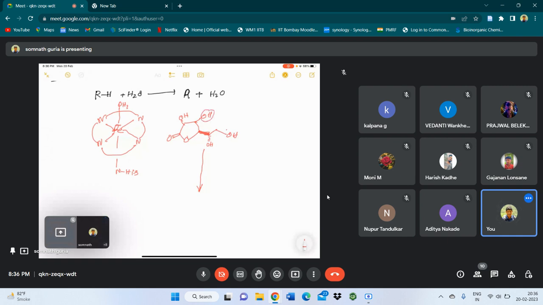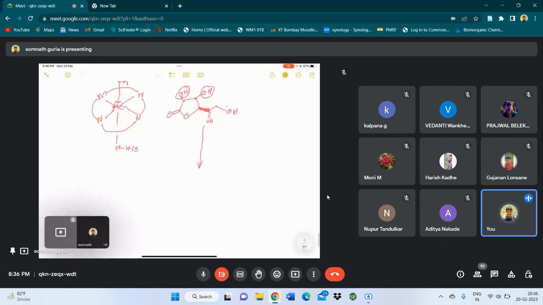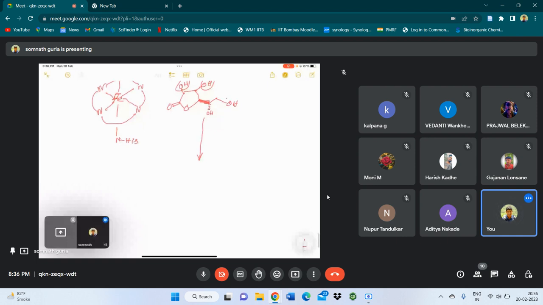So this is the H2O2 and ascorbate peroxidase in presence of peroxidase. Sorry, here will be a double bond. It forms the oxidized species.